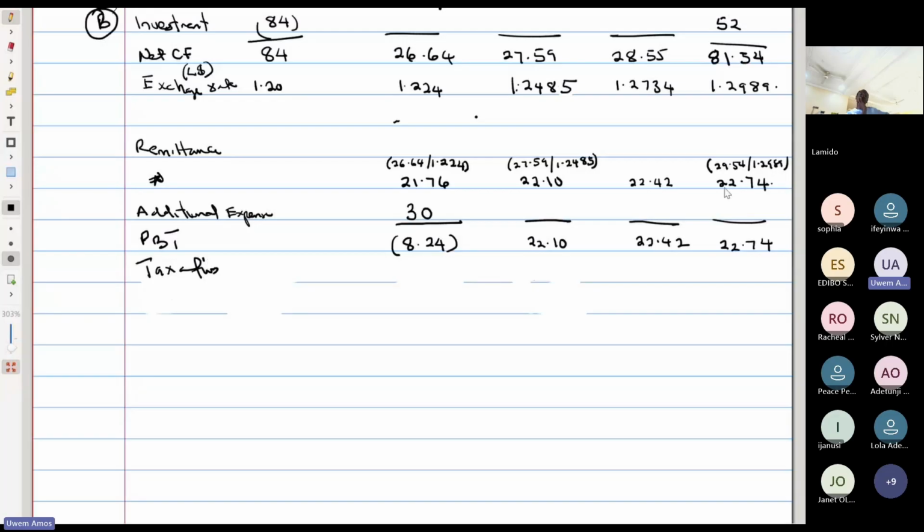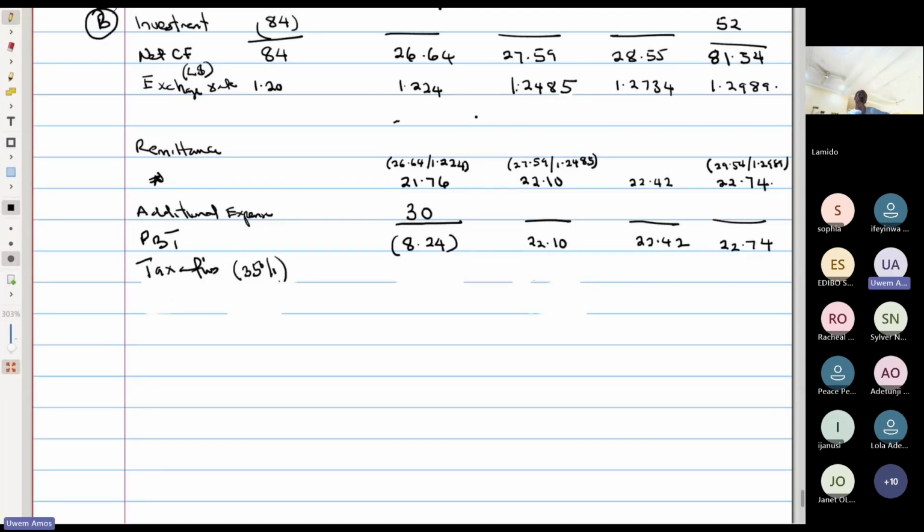If we had made a profit of 8.24, not a loss, and our tax is 35%, how much would we have paid as tax? Assume we had made a profit of 8.24, not loss. So 8.24 multiplied by 0.35. How much is that? 2.88.